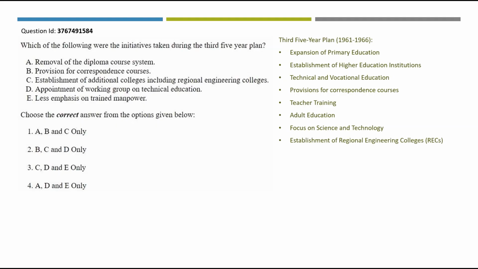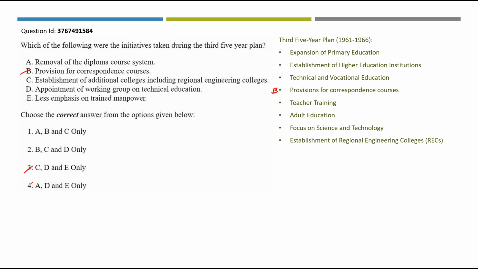Expansion of primary education, establishment of higher education institutions, technical and vocational education, provisions for correspondence courses, teacher training, adult education, focus on science and technology, establishment of regional engineering colleges. Removal of diploma course system. They do not tell anything about A. Let's check B. Provision for correspondence courses. Yes, it is there. B is included in the answer.